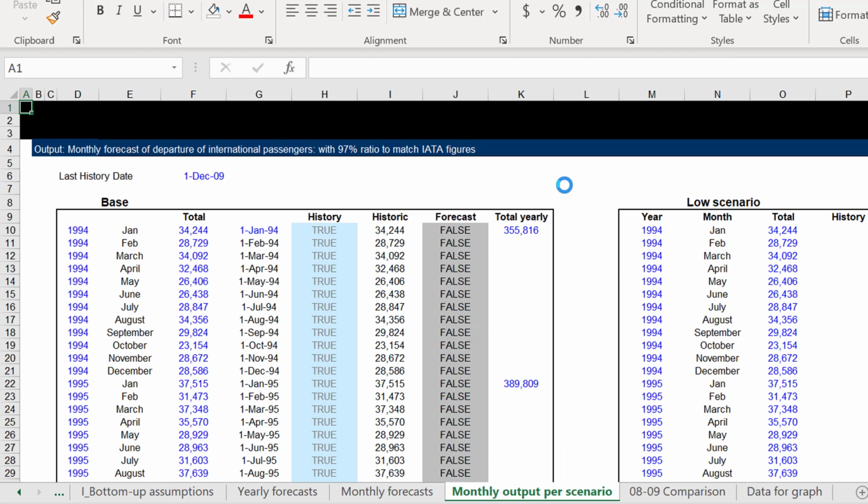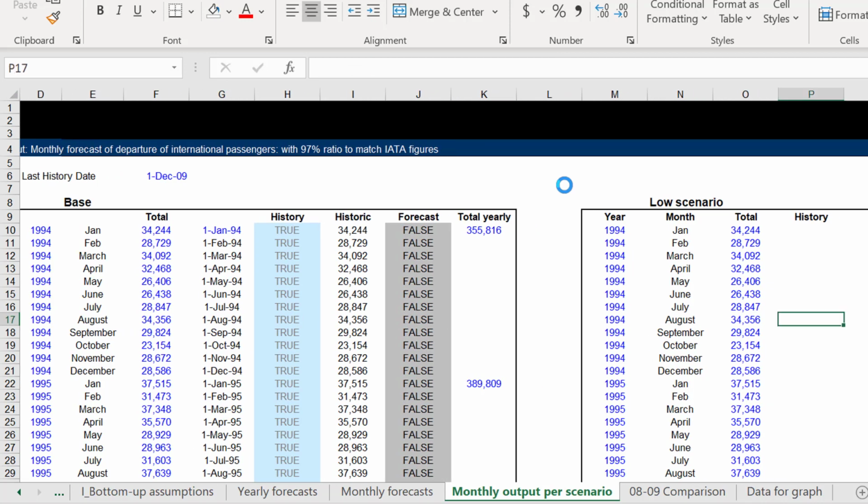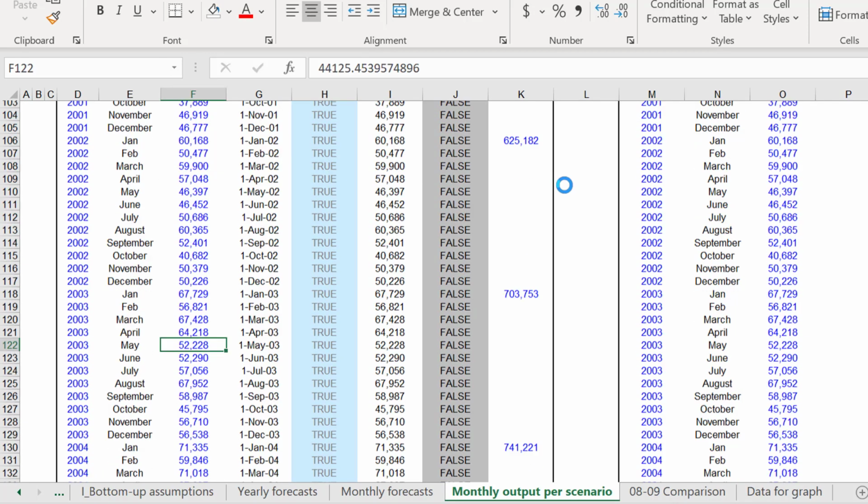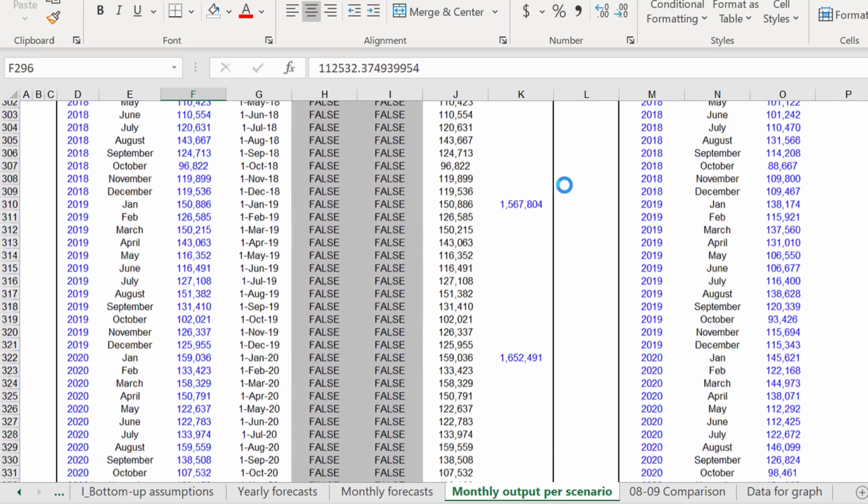That's the previous forecast. But here they had some history, and then they had a low scenario and a high scenario, and after the history, they had some forecast. And what I suggest that you do is, the last date of the history was 2009.